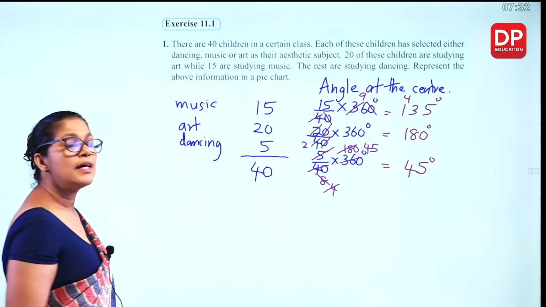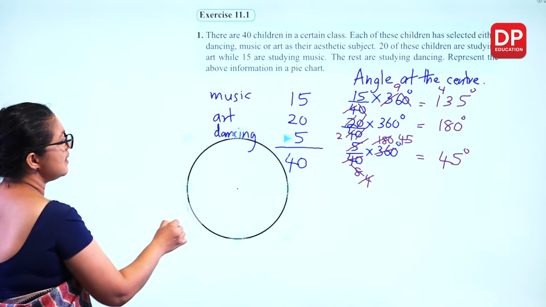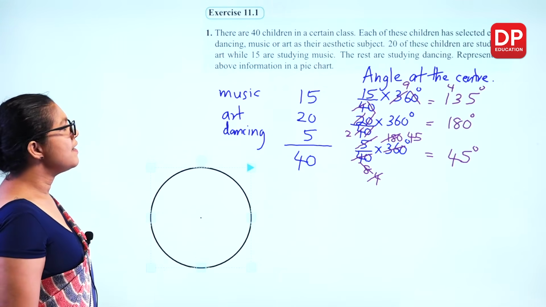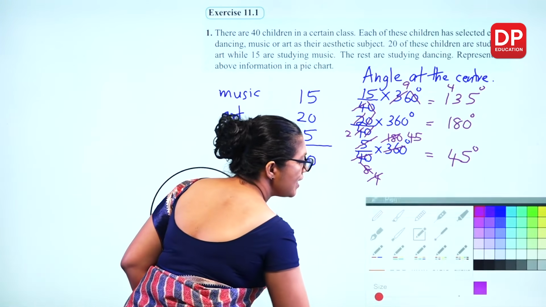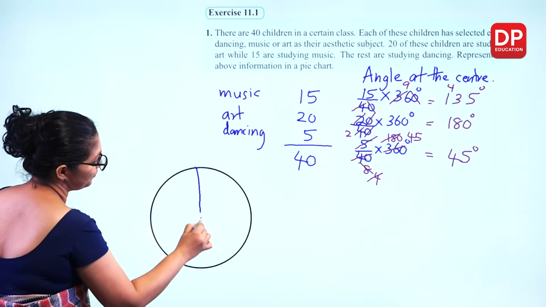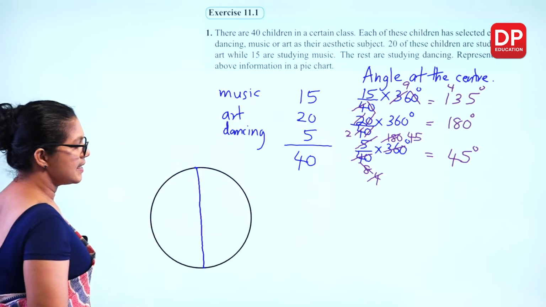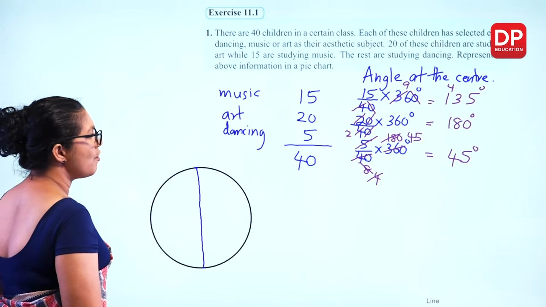Now we can try to draw the pie chart. So here we'll take the circle. Easily we can mark 180. So we'll mark 180 first. I can draw 180 and I can draw 45.